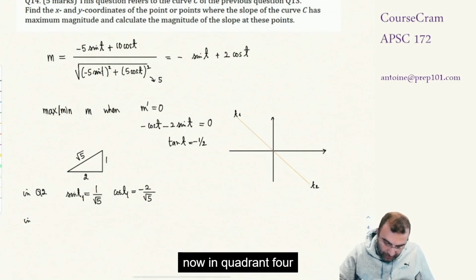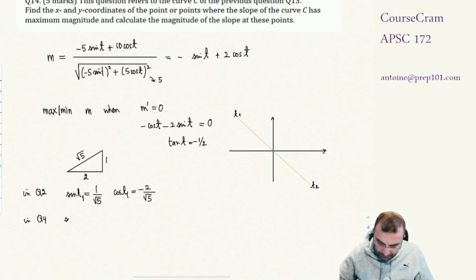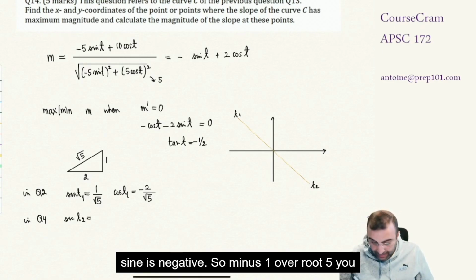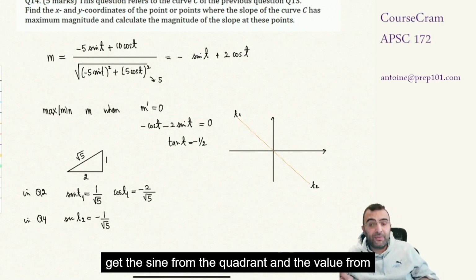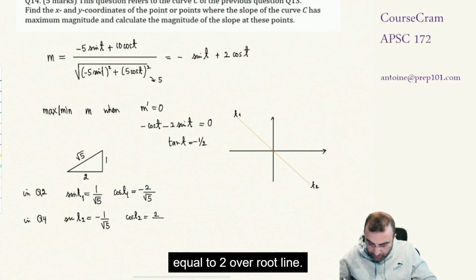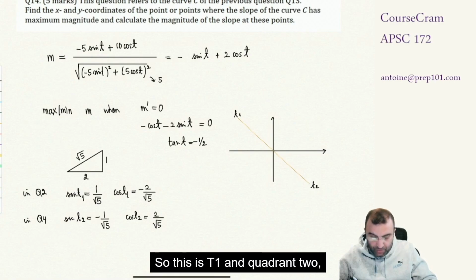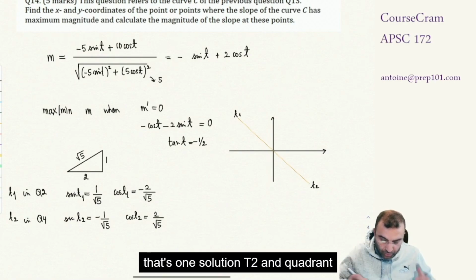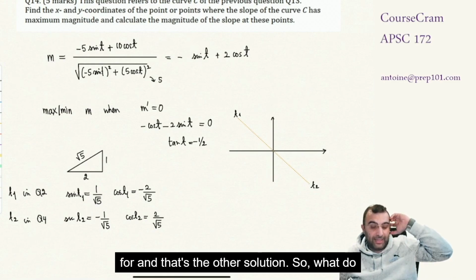Now in quadrant 4, sine t2 would be negative, so minus 1 over √5. You get the sign from the quadrant and the value from the triangle. And here cosine t2 is equal to 2 over √5. So this is t1 in quadrant 2, that's one solution. t2 in quadrant 4, and that's the other solution.